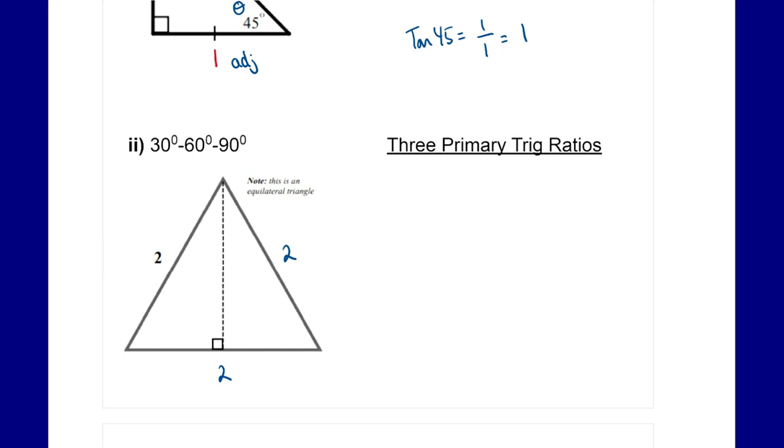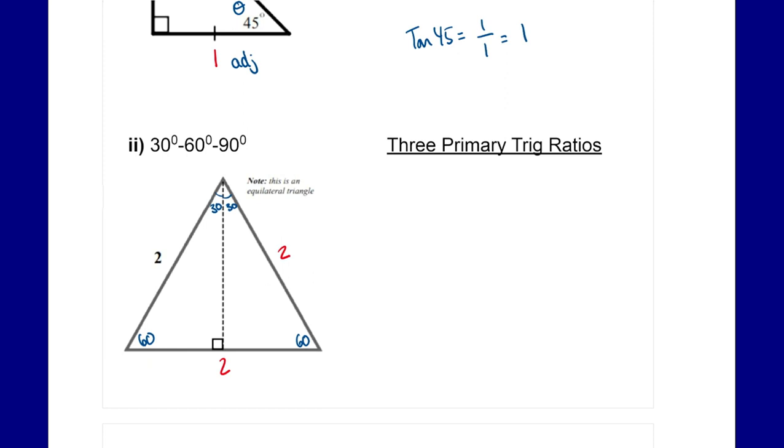If it's equilateral, that means each corner is 60 degrees. And that means this altitude, this height, perfectly bisects this upper angle. So that means it's 30 for each half, or it splits it into 2.